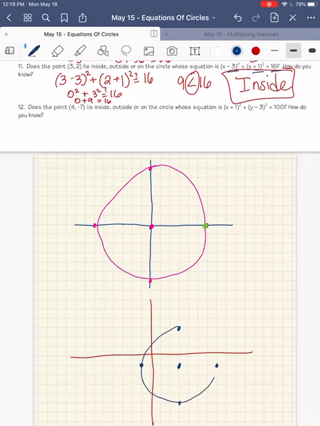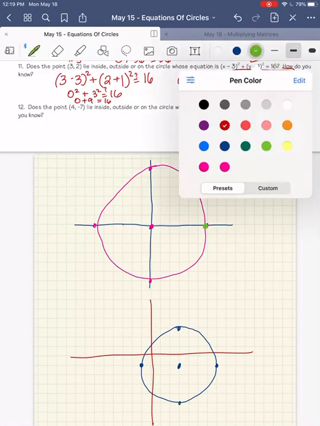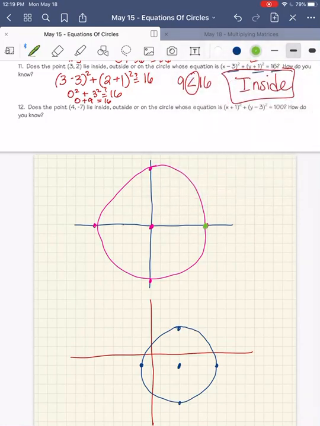All right, so I'm going to do my best to draw the circle. That one's not that bad. And then it asked us about the point (3, 2). So (3, 2): 1, 2, 3, 1, 2. And you can clearly tell that is inside the circle. So if you wanted to graph it, you certainly could.